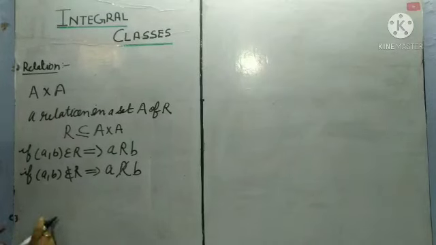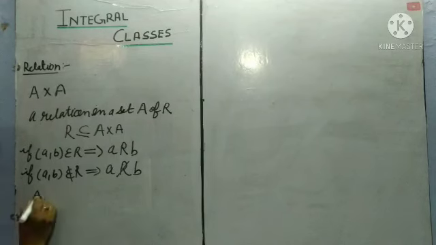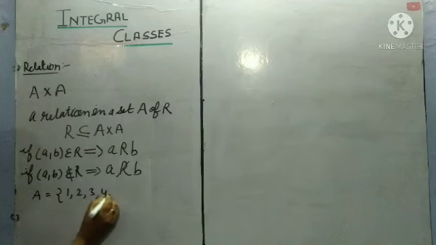Now for the definition of relation, I will take an example. A is given as a set of elements 1, 2, 3, 4, 5, 6.